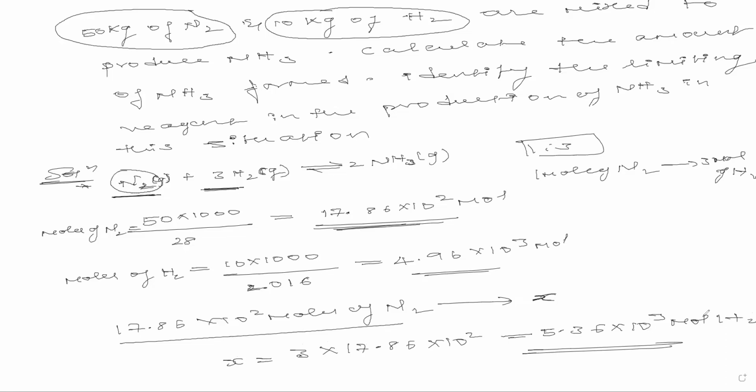But for this many moles of hydrogen required, how many moles of hydrogen do we have? We have only 4.96 into 10 to the power of 3 moles of hydrogen present, but 5.36 into 10 to the power of 3 moles are required.